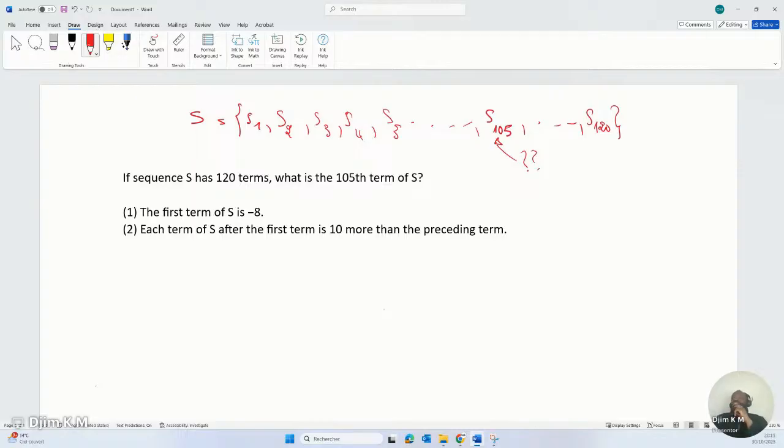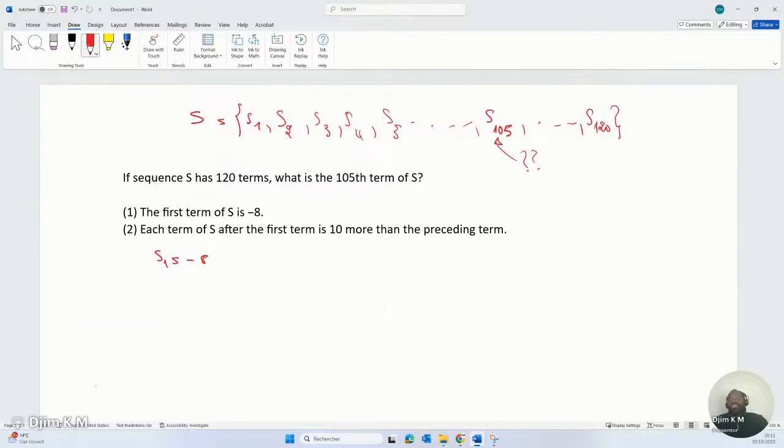So the first condition says the first term of S is minus 8. So S1 is minus 8. But we don't know the relationship between S1 and S2 and S3. We don't have a pattern of that particular sequence because it can be any pattern.